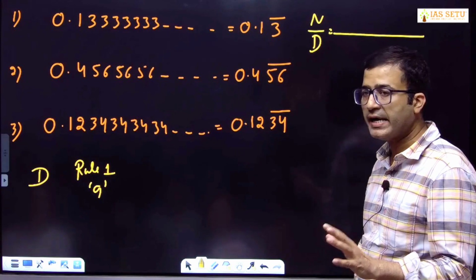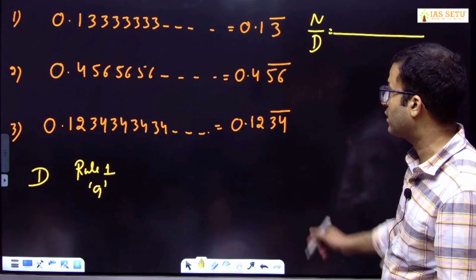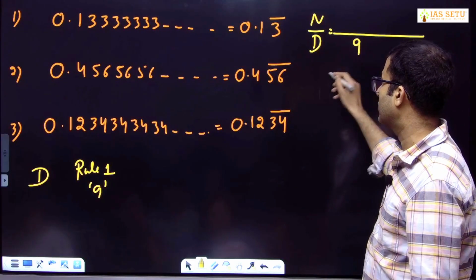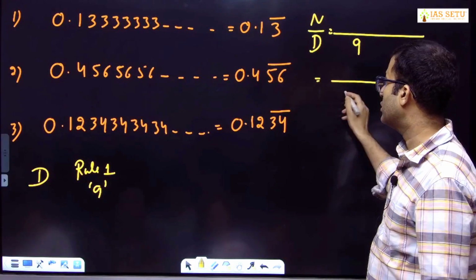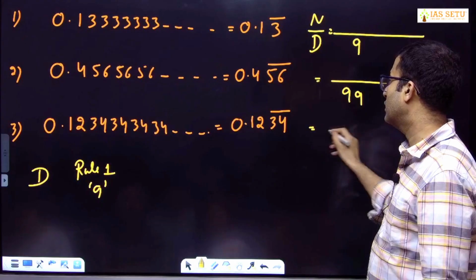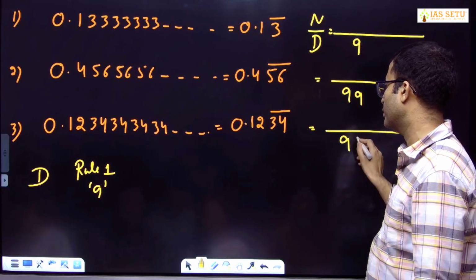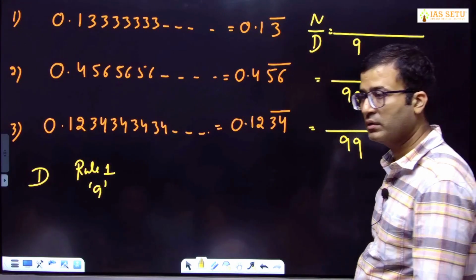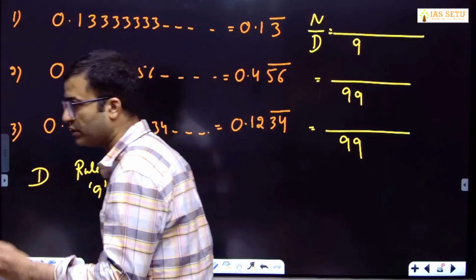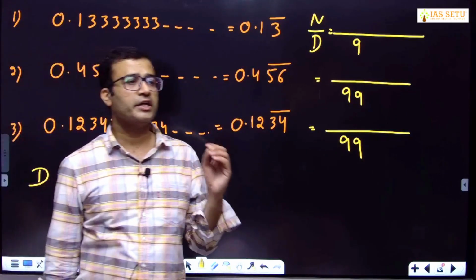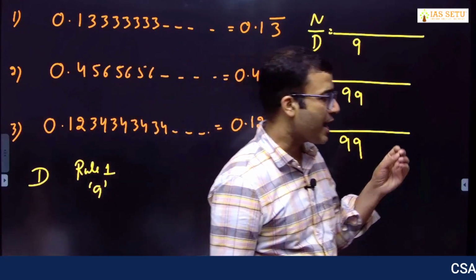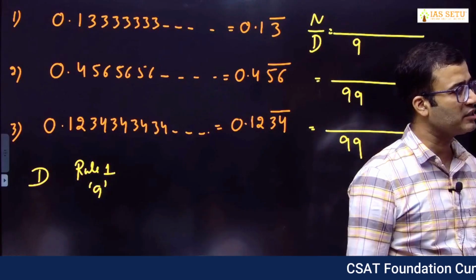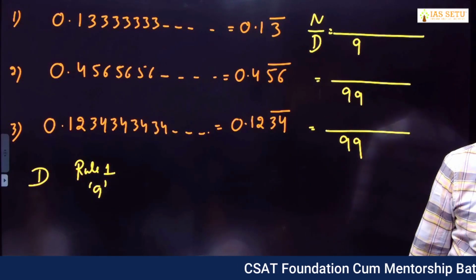So there is 1 digit, 1 nine. Second question there are 2 digits, 2 nines. Third question there are 2 digits, 2 nines. It is fixed whether type 1, type 2, or type 3 question, in our denominator we have as many 9s as many digits under the bar.